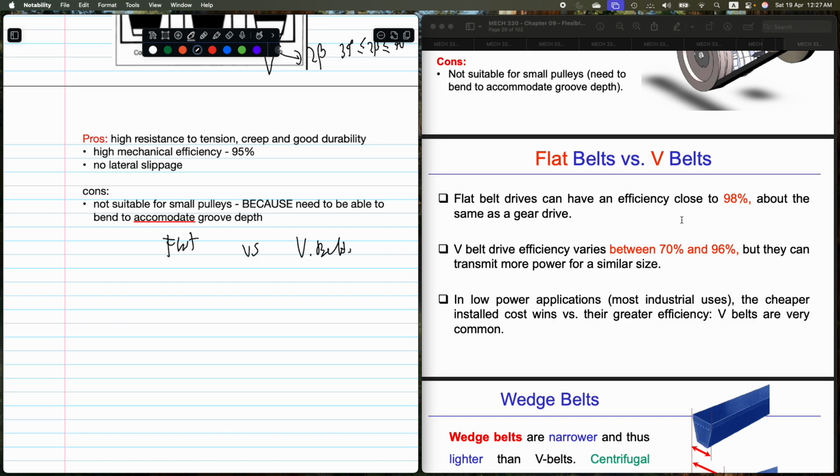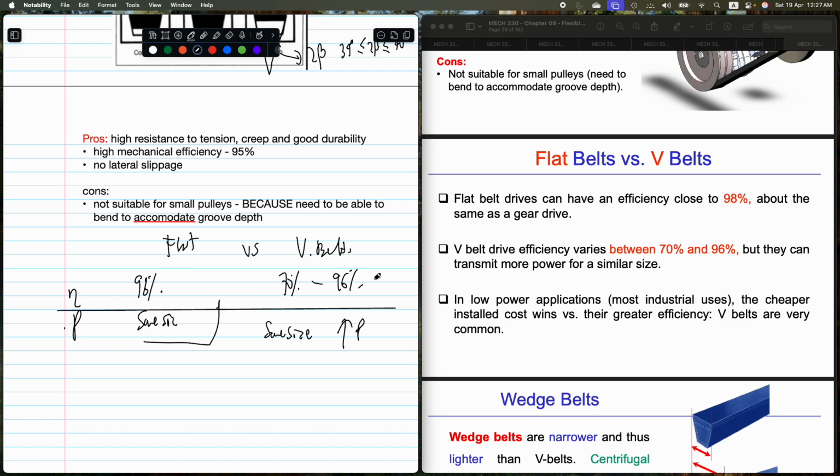So flat has 98% efficiency, and then we have 70 to 96% efficiency for the V belt. But for power at the same size, the V belt can transmit more power compared to this.